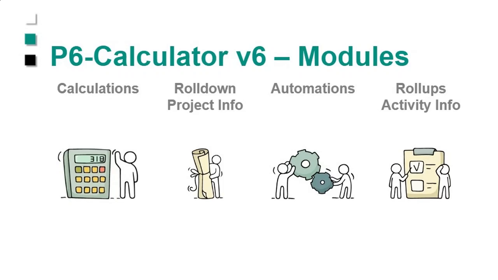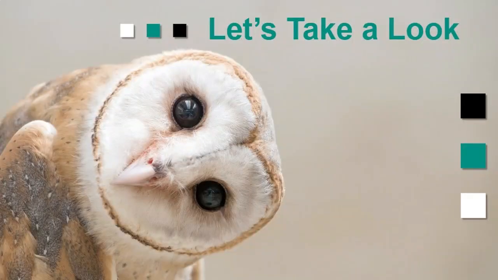And it can be things like rolling data up. So taking data from the lowest level, like steps or expenses, resource assignments, up to activities, up to WBSs, and up to the project level, okay? And or down, okay? So we could also push stuff down. I'm going to run through some examples.